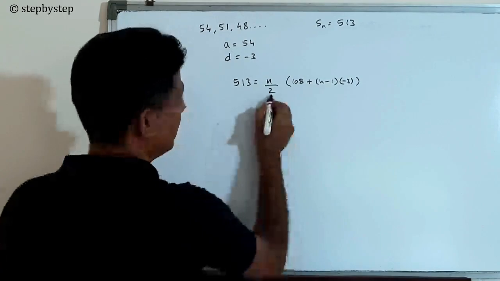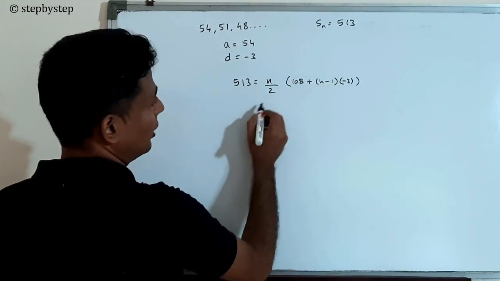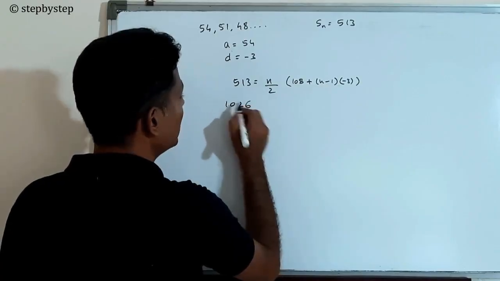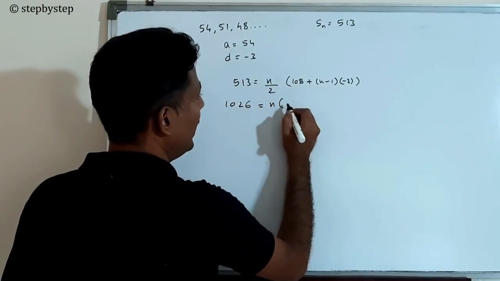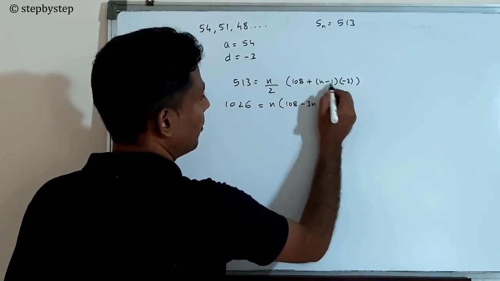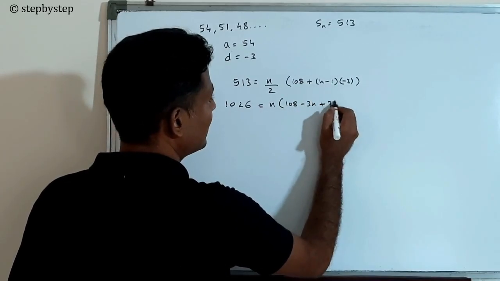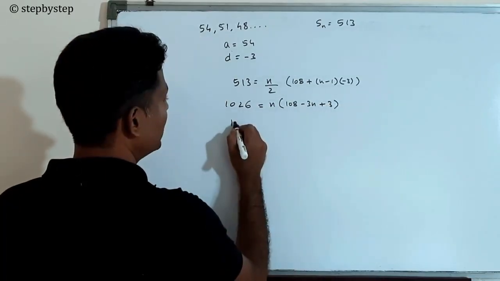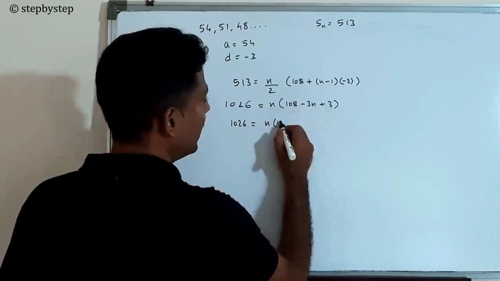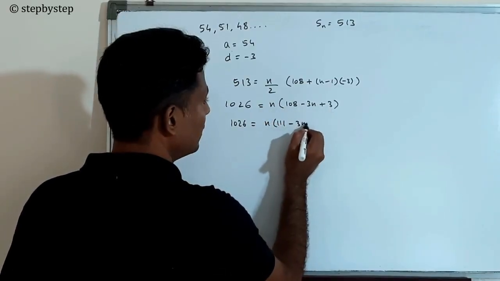So I transpose this 2 to the other side, it becomes 513 into 2, which is 1026 equals n into 108 minus 3n plus 3. So I get 1026 equal to n into 108 plus 3, 111 minus 3n.